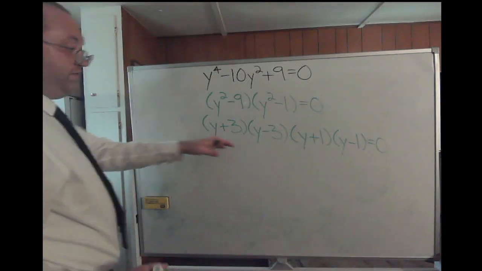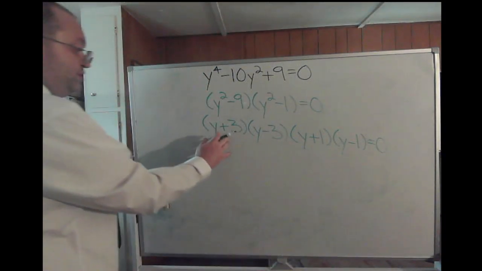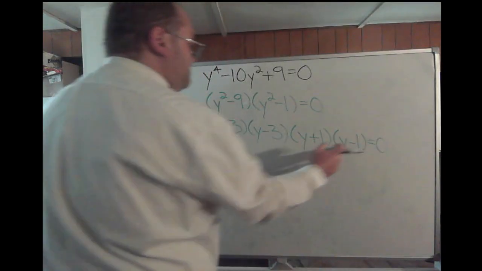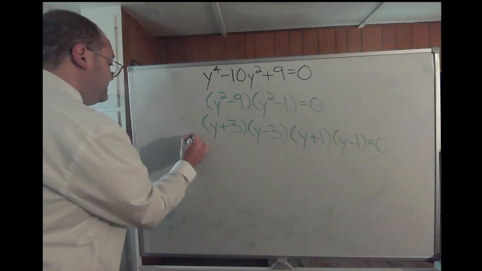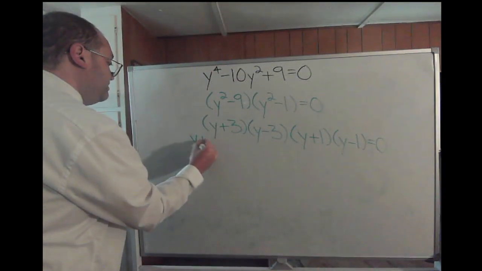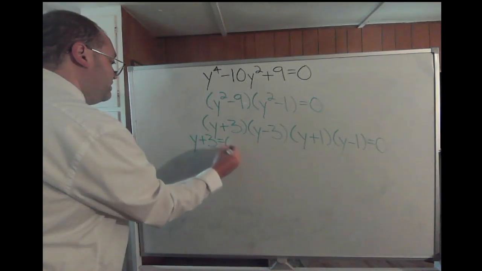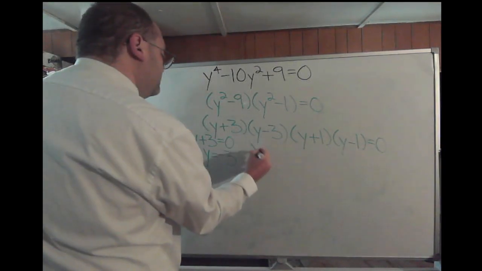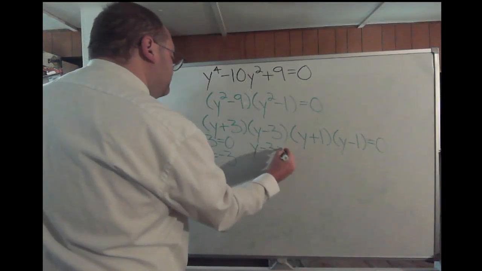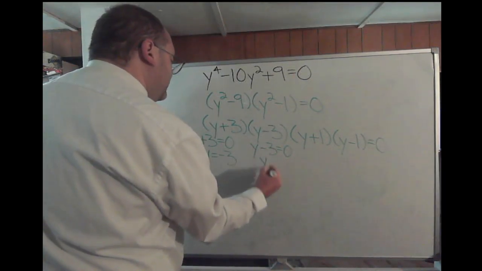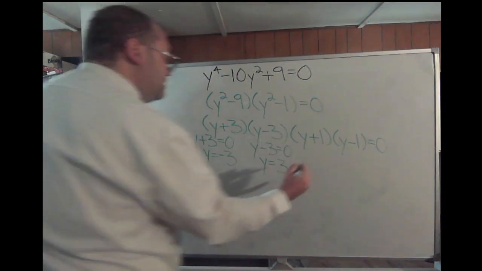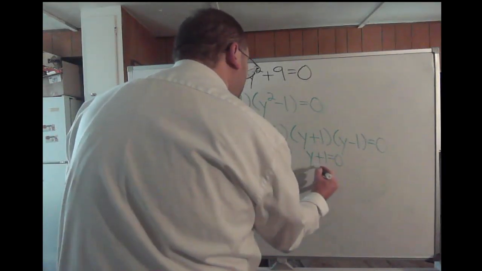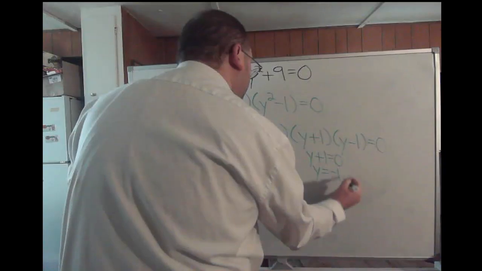So we have 4 factors here. We have y plus 3 times y minus 3 times y plus 1 times y minus 1. Just take each of your factors, set them equal to 0. y plus 3 equals 0, so y equals negative 3. y minus 3 equals 0, so y equals 3. y plus 1 equals 0, y equals negative 1.